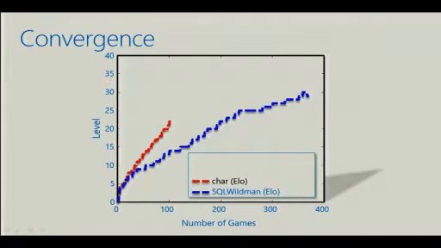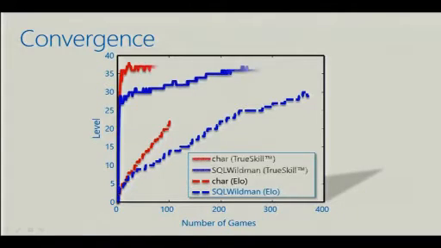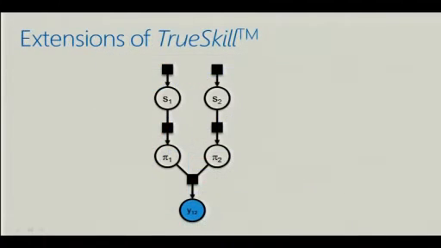So it takes, on the blue curve there, up to 400 matches to sort of converge to the player's ultimate level. Whereas when you do the same thing with TrueSkill, it converges much, much faster. It's on the order of sort of 3 or 4 matches, and it has a pretty good indication of your skill level. And this is key because, as I say, people are playing matches all the time online, and they want to sort of see instantly where they're at and have a good representation of it. So it's been very, very successful in that sense.